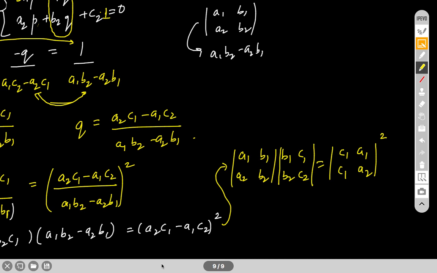Now this is easy to remember. That's C1, C2, A1, A2.